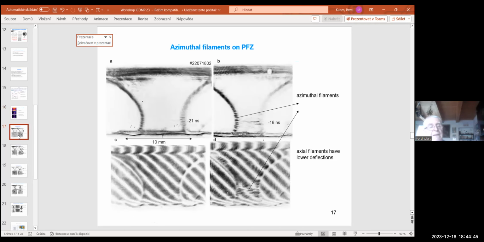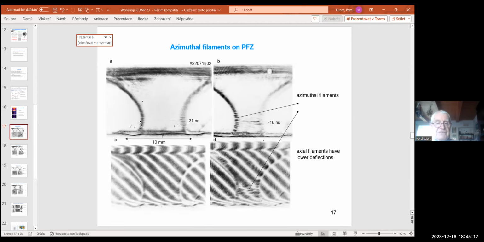In Schlieren diagnostics, it seems very interesting because we can compare the four figures. Two figures from Schlieren method and two figures from differential interferometry method in the same position, in the same shot with time delay 5 nanoseconds.